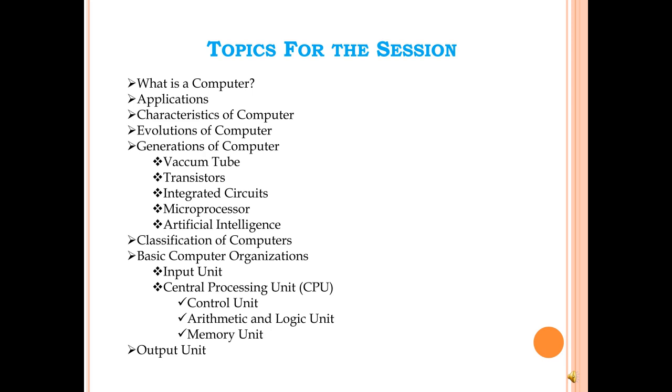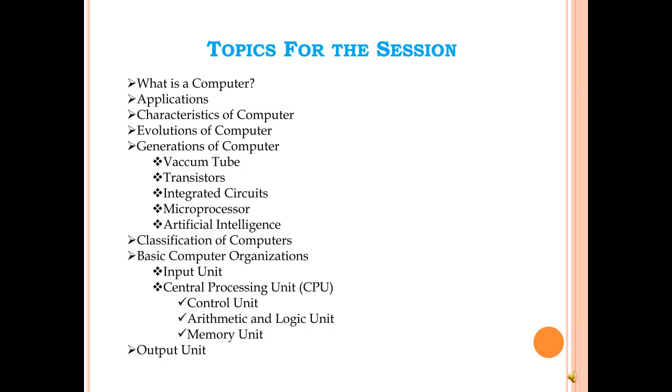Well, the topics for the session include what is a computer, applications, characteristics of computer, evolution of computer, generations of computer. That means what components have been used in different generations.